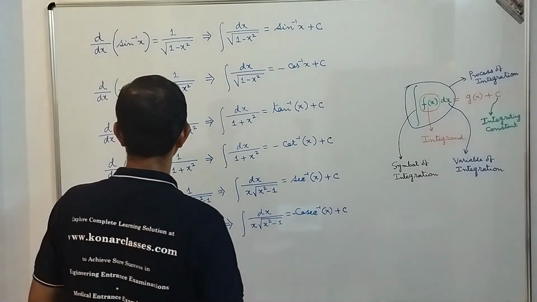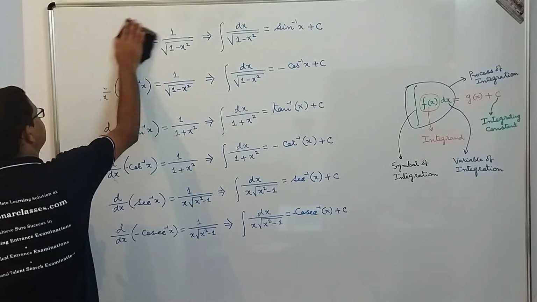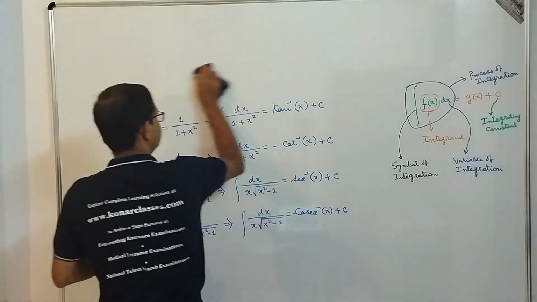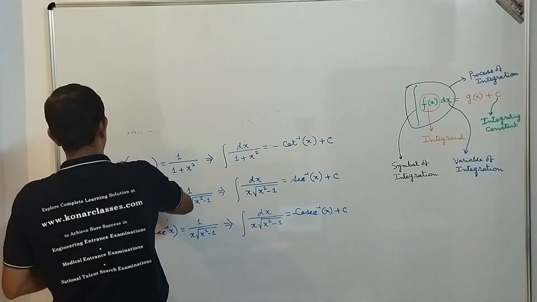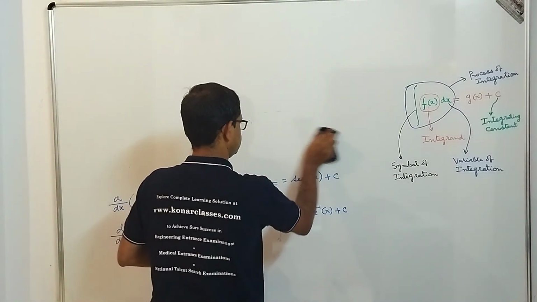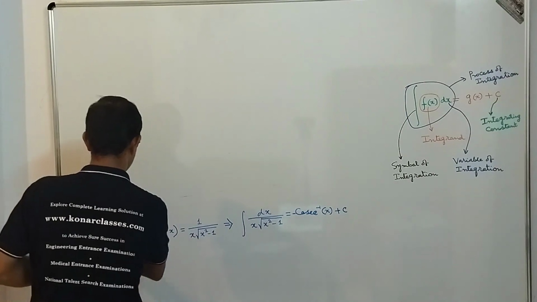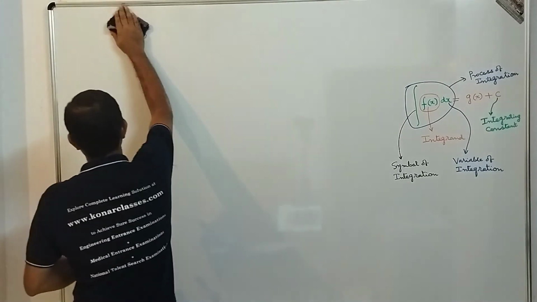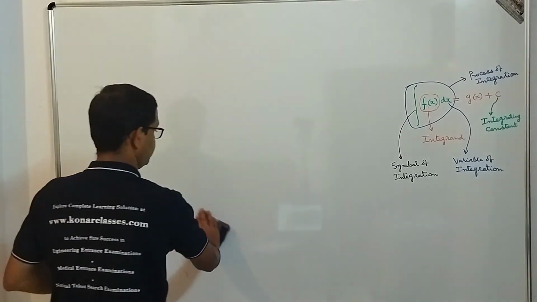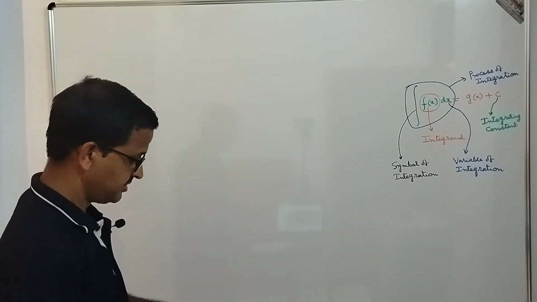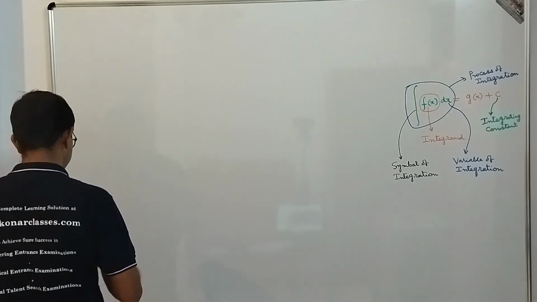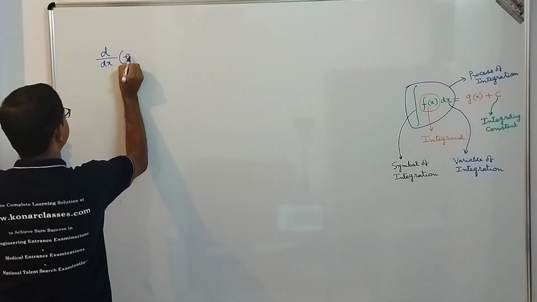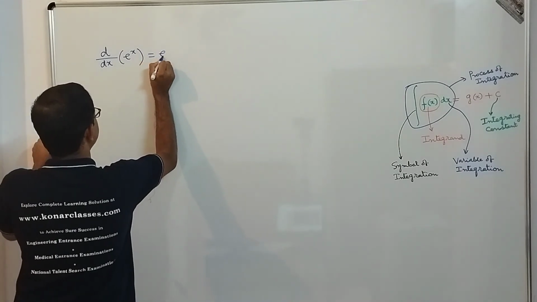So let me write it here. Okay, so here we know that d/dx of e power x is equal to e power x.